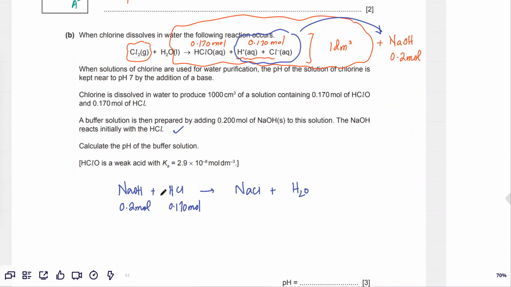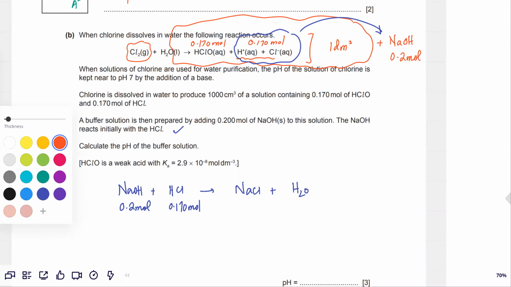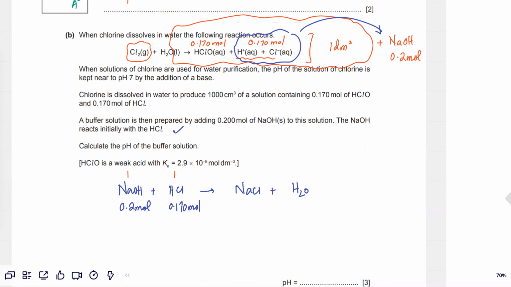Like the two would react. Which is in excess? NaOH. Okay, so NaOH is in excess. That means 0.17 moles, it's 1:1, right? So 0.170 moles would react with exactly 0.170 moles. That means 0.03 moles of NaOH would be left. They are not going to react.